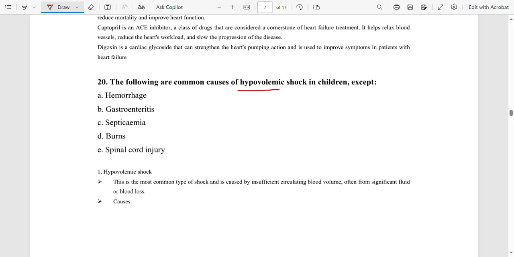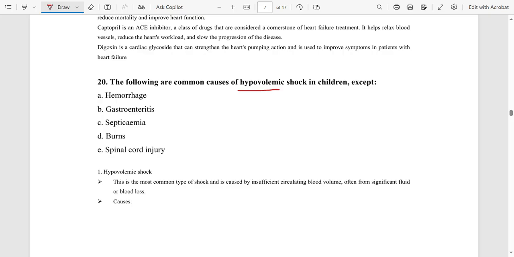Yeah, that is true. In sepsis, the infection can lead to inflammation, and that will increase the capillary permeability, and that will lead to hypovolemia. The only thought I was thinking of for the spinal cord is when the injury itself is happening, maybe the injury is because of trauma that leads to blood loss.